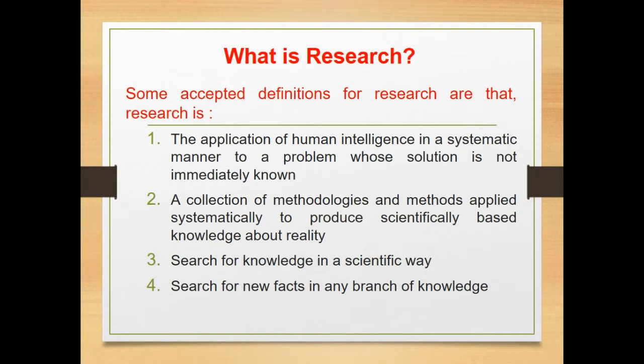So you will be able to justify your arrival at a solution scientifically because you methodically selected the process of carrying out the research. And then, of course, there's a search for knowledge, and the search for new facts in any branch of knowledge.